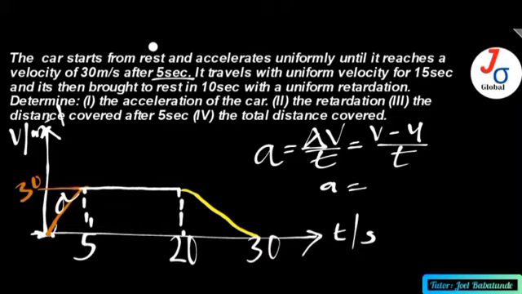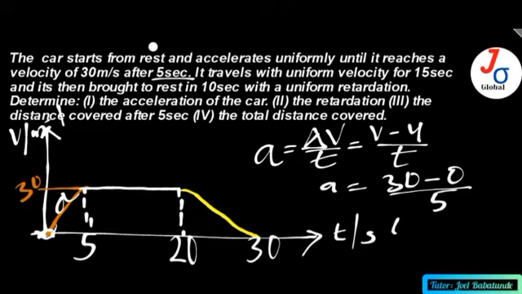Final velocity. It starts at rest and stops at 30 meters per second. So our final has to be 30 minus 0. That's where it starts from, origin, initial 0. Then divided by, how long did it take? 5.